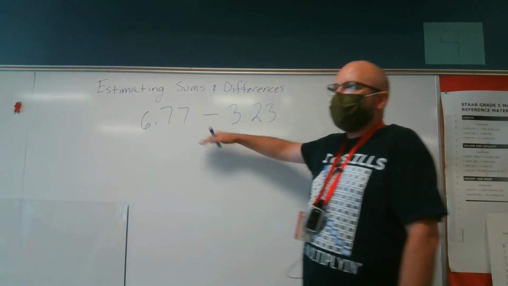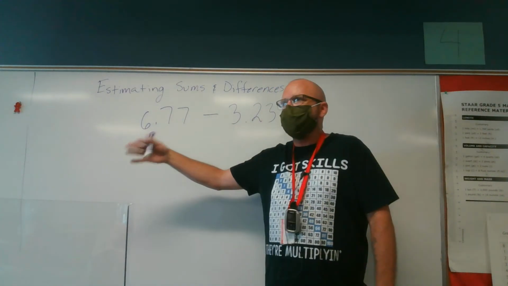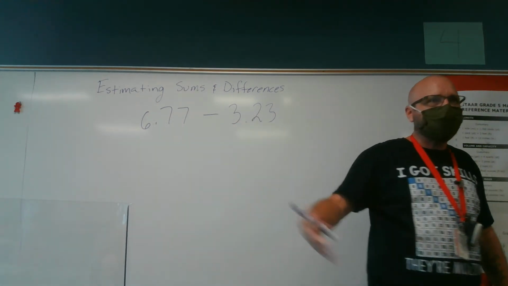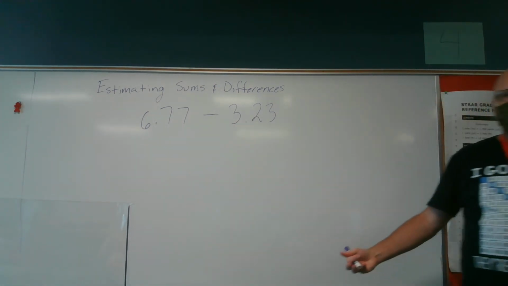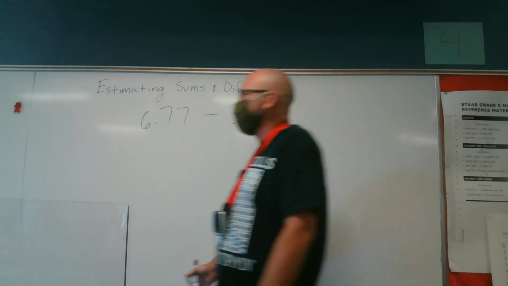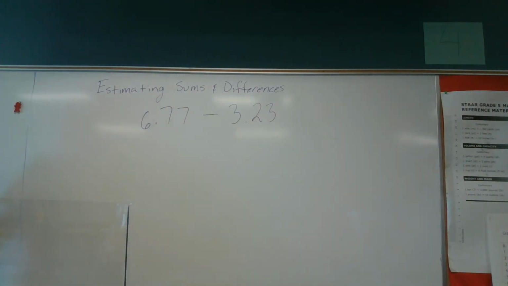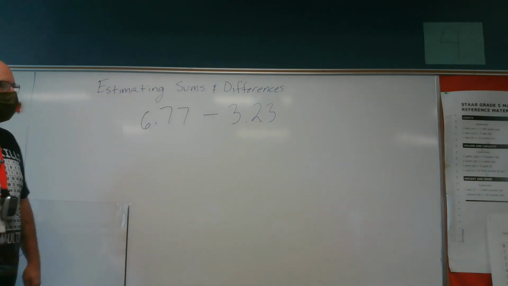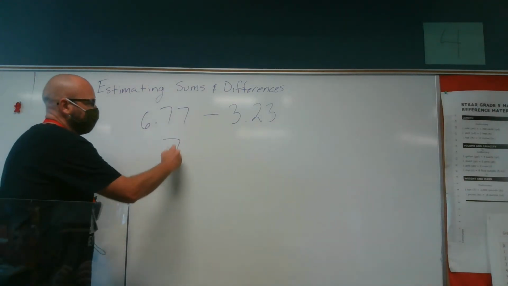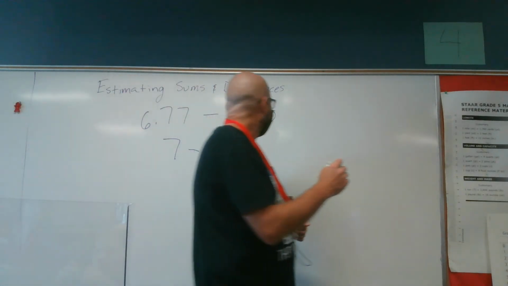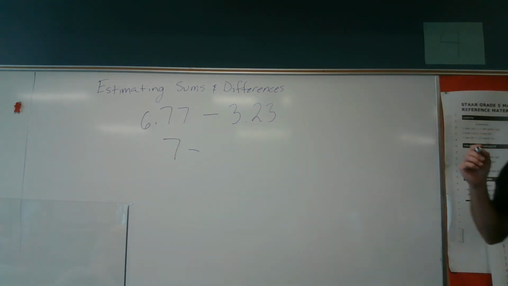So let's look. We're trying to keep our answer close to where the actual difference would be. Ashlyn, what would you do with 6 and 77/100ths? Excellent. I would make that a 7. And 3 and 23/100ths.